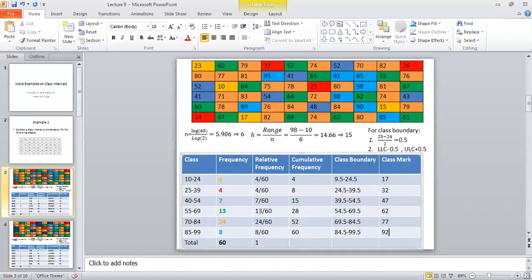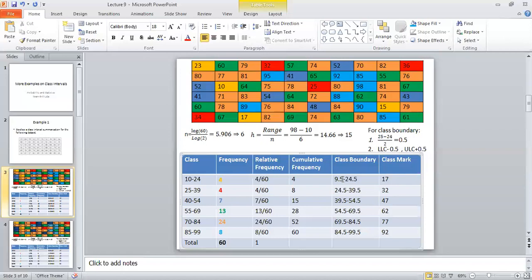One thing I want you to observe again is this rule, which is going to be experienced in the later examples. When we have a data set of pure integer type, the class boundary comes out to be a decimal value with one decimal place.